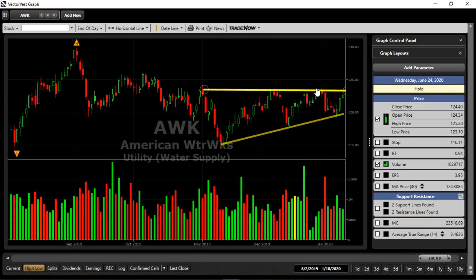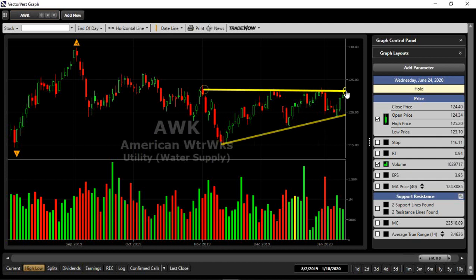A level at which sellers are pushing the price lower. They're resisting it from rising any further. However, you have higher lows, don't you? You don't have support. That would be a rectangle, or support and resistance. You actually have higher lows.